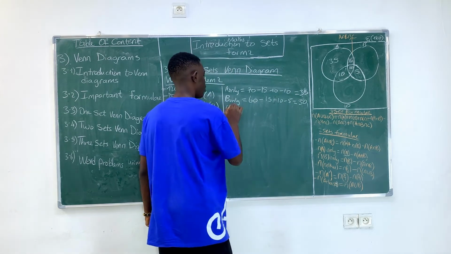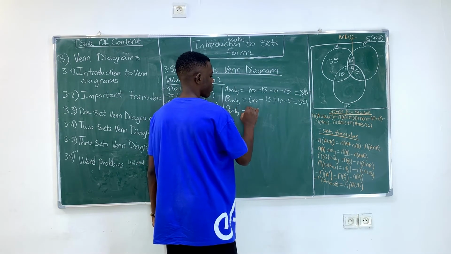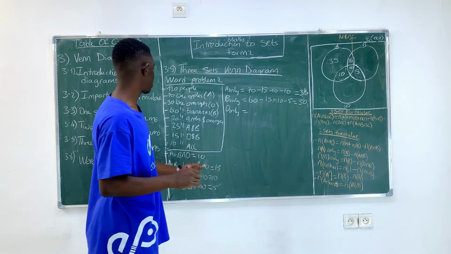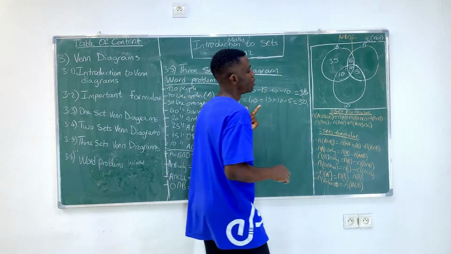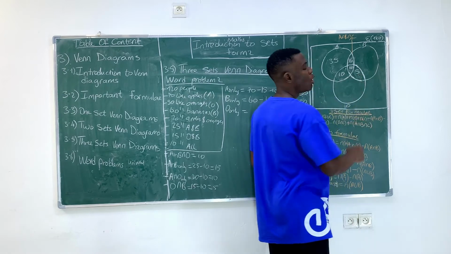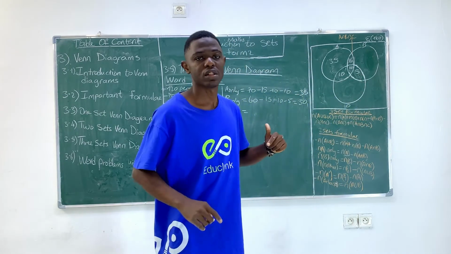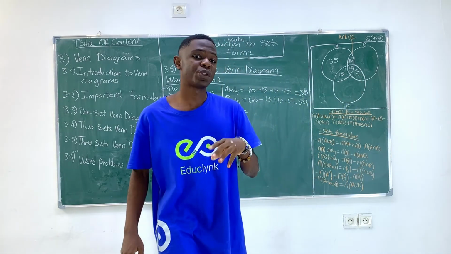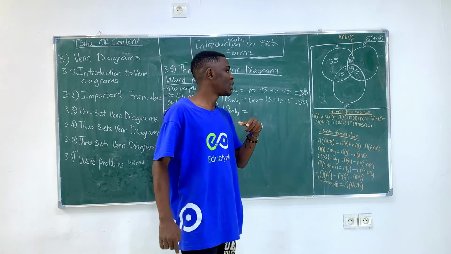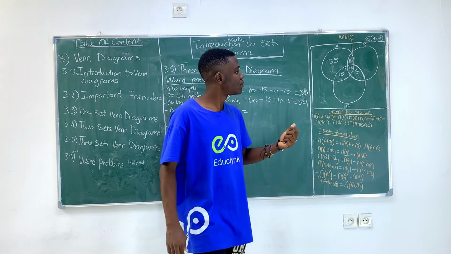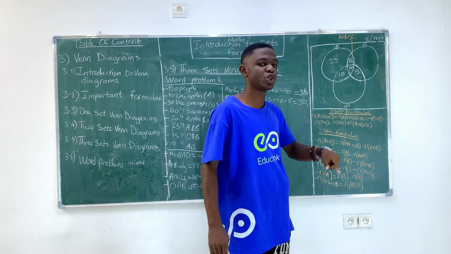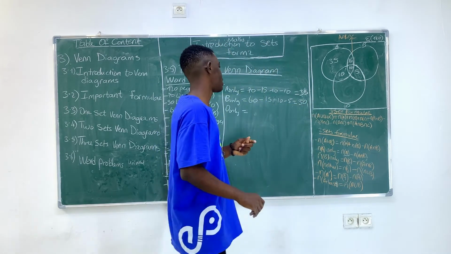Now I'm saying for oranges only. Oranges only is equal to the total number of oranges, which is 50, minus the number of people that like oranges and other things. So when you subtract the number of people that like oranges and other things from the total number of people that like oranges, we are going to have the total number of people that like only oranges.